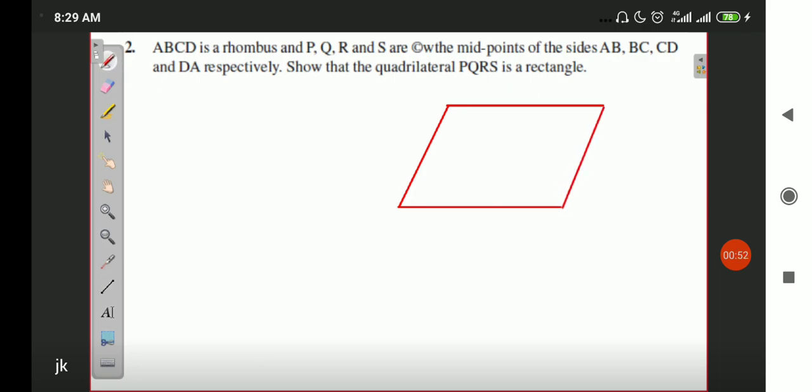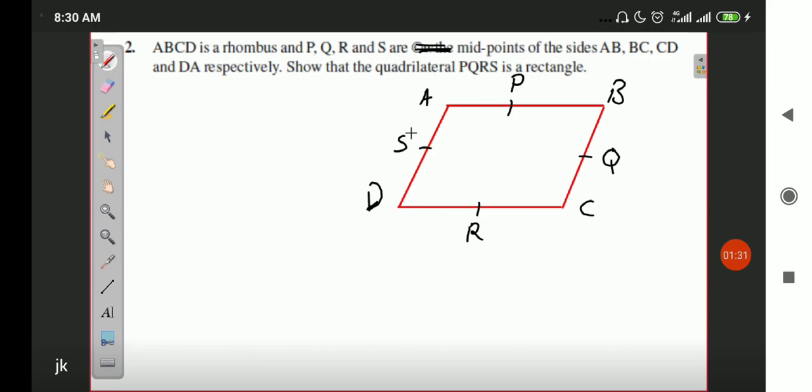Name it A, B, C and D. So this ABCD is a rhombus and P, Q, R, S, this is written incorrectly, P, Q, R, S are midpoints of sides AB, BC, CD and DA. The midpoint of AB is P, midpoint of BC is Q, midpoint of CD is R, midpoint of DA is S.